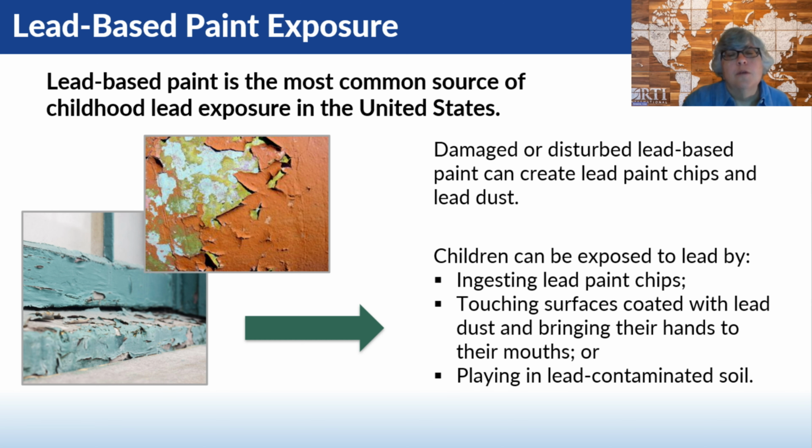Areas outside, like playgrounds, can also become contaminated when exterior lead-based paint flakes or peels and gets into the soil or mulch. Children can be exposed to lead by touching surfaces, hand-to-mouth behavior, or ingesting lead-based paint chips, lead dust, or lead-contaminated soil.